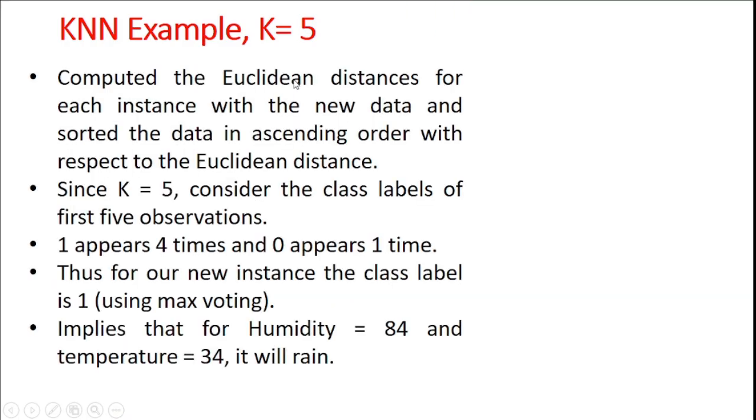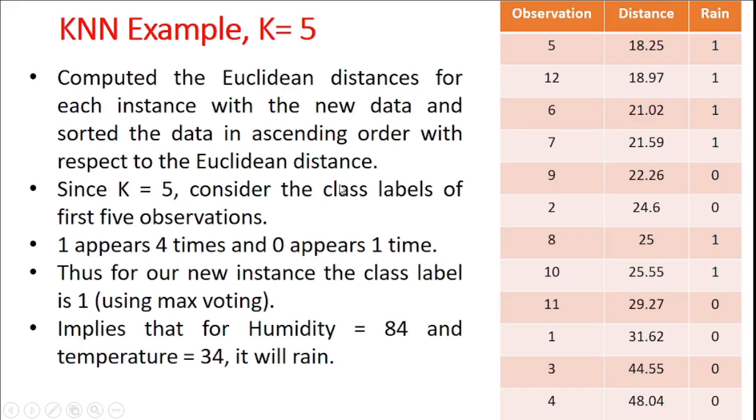Now we need to calculate the equivalent distance between the test point and the train points, the actual data points. We are going to write all those equivalent distances in ascending order, along with the particular class label.